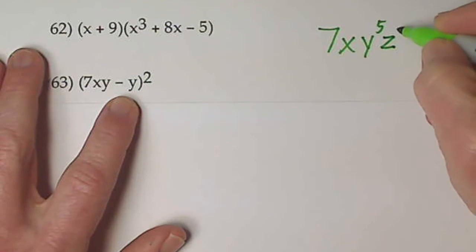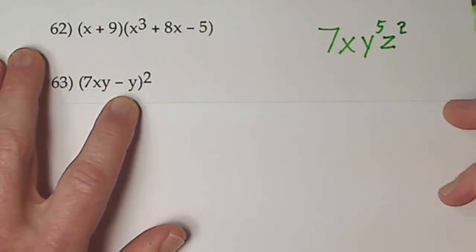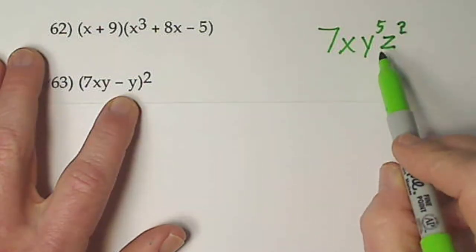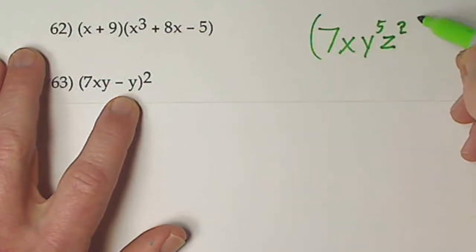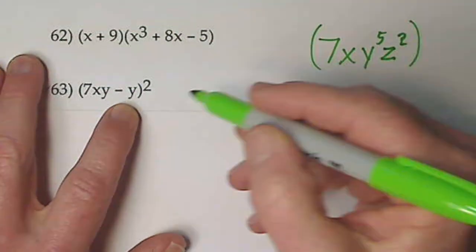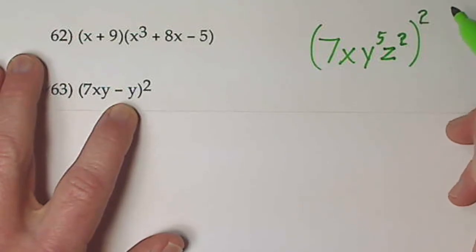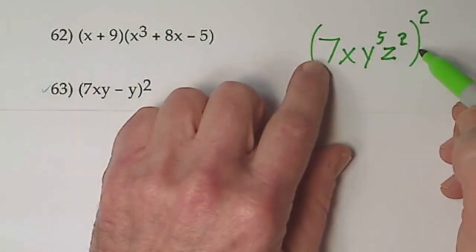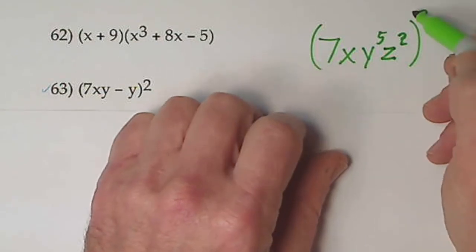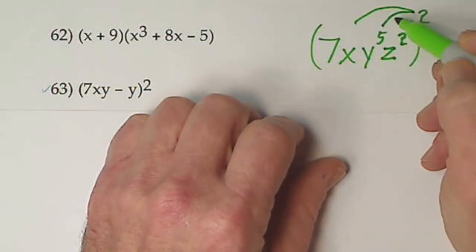Okay? And we'll make this one squared. If you had 7x y to the 5th z squared, all raised to the 2nd power, this means you have 2 sets of parentheses. But the shortcut that we learned is you can just send in that 2.